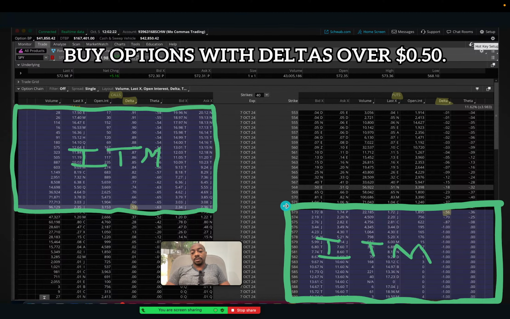So if we go over to the call side and we're looking at what's in the money, this 572 right here has a delta of 53. And so it has a higher probability of going up with the stock or the ETF, in this case, SPY.